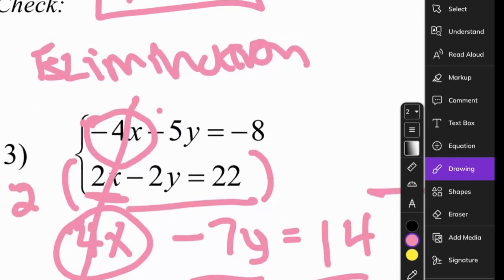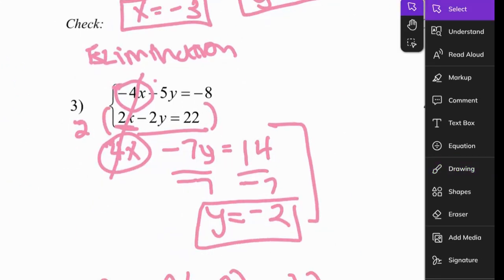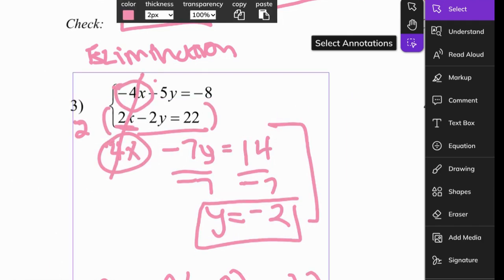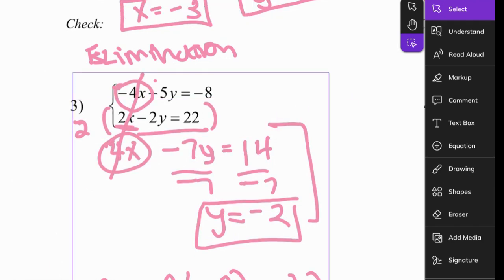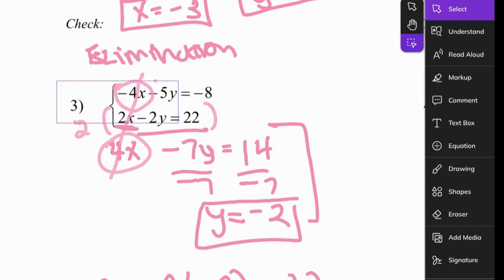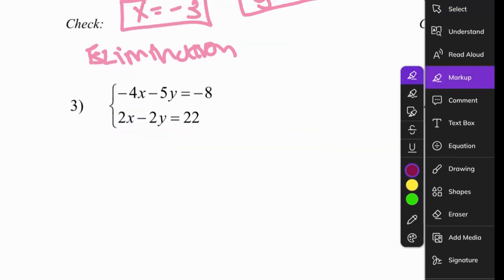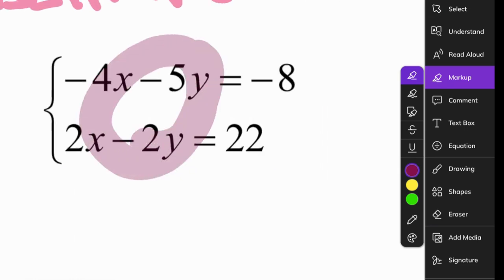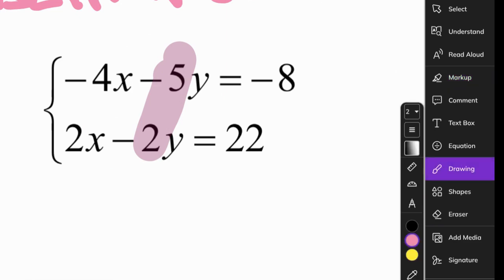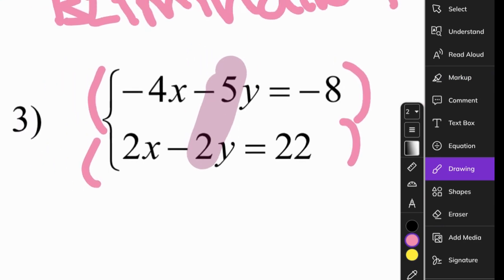If I were to do this side, let me just delete this. What I would do is, if I wanted to manipulate this variable, which is not that smart, but if you can, I would have to multiply both equations, because it's not like a GCF.